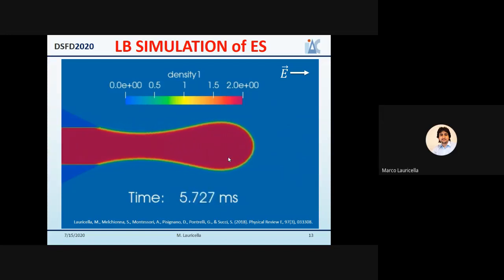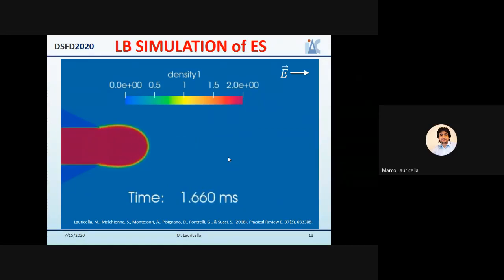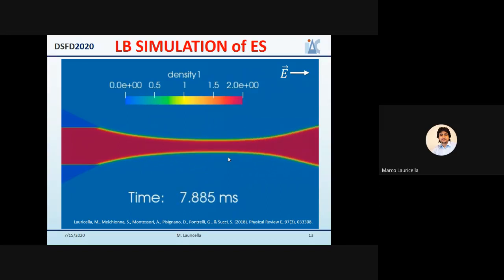Then we can see a stationary regime describing the straight path of this jet. The simulation was performed in collaboration with Sauro Succi and Pisignano, but also with Simone Melchionna and Andrea Montessori.